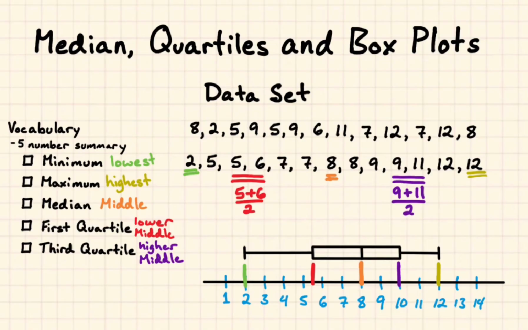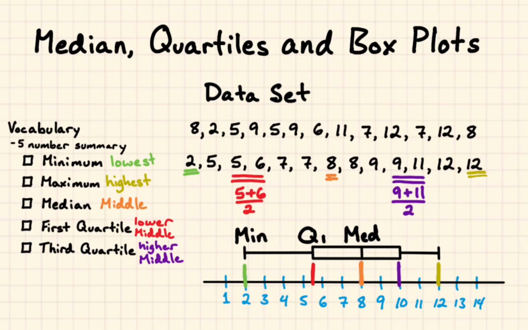Now, I can see that about 25% of the data lies between our minimum and our quartile 1. Then, because about 50% lie between the minimum and the median, I could also say about 25% lies between quartile 1 and the median.